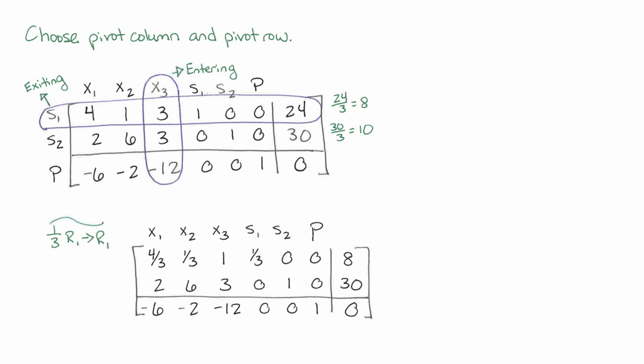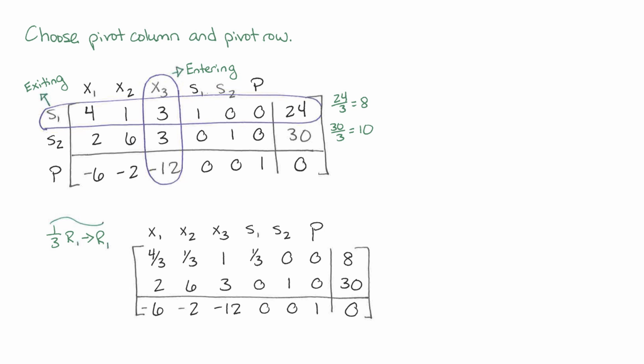Notice that S1 is of the form 1, 0, 0. So that's what we want x3 to look like in just a moment. So that intersection of the pivot column and row, that number 3, we want to change to a 1. We're going to do that by multiplying row 1 by 1/3. That gives us a new tableau where row 1 is 4/3, 1/3, 1, 1/3, 0, 0, 8.